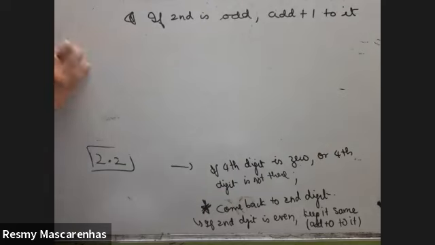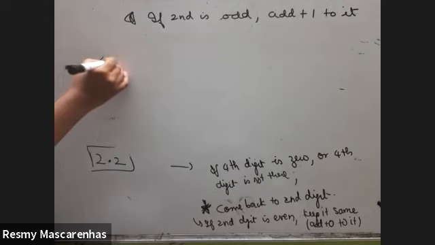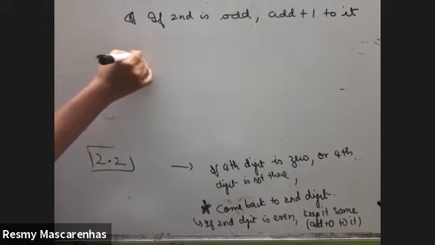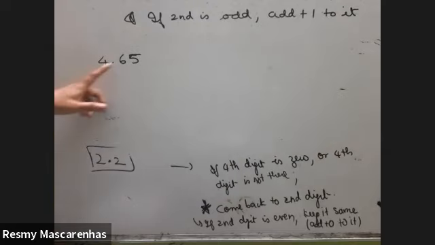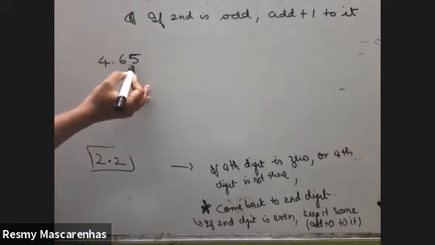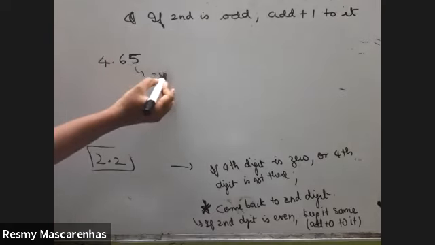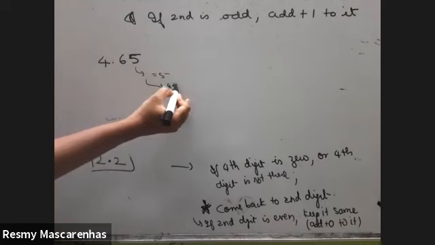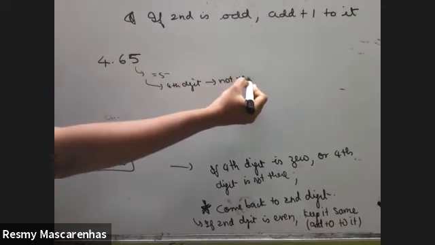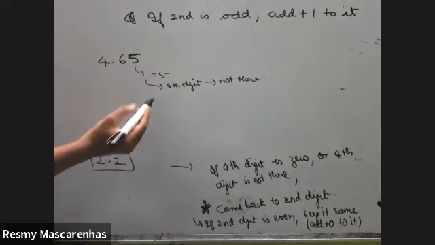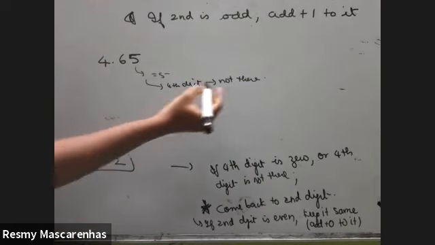One more example, 4.65. Again, we are doing rounding to 2 digits only. So this is equal to 5. So I have to check the fourth digit, not there. Not there means equivalent to 0.